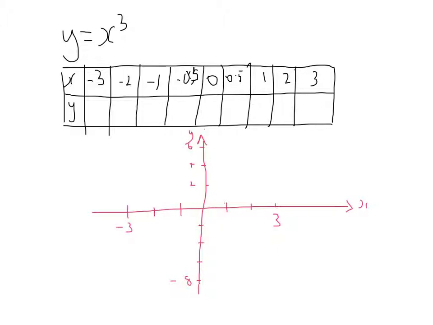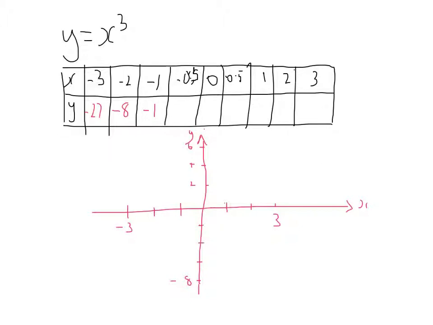Right, I'm just going to start filling in these values. So 3 cubed is 3 times 3 times 3, which is 27. So -3 times -3 times -3 will be -27. -2 cubed will be -8. -1 cubed is -1.